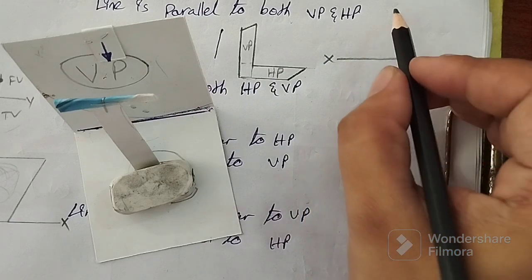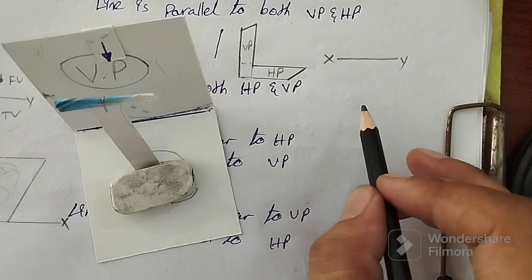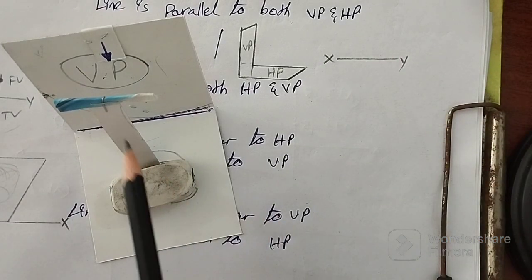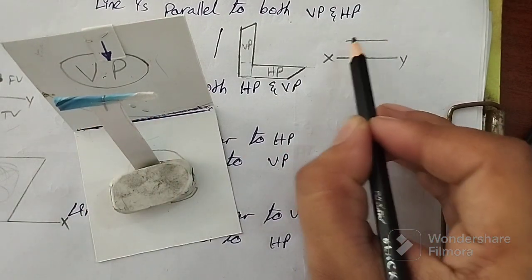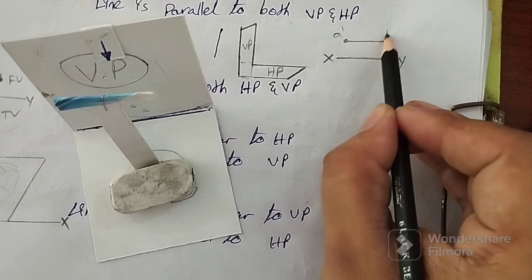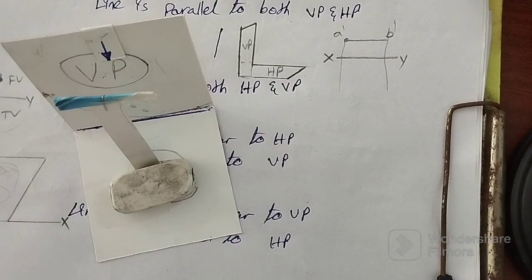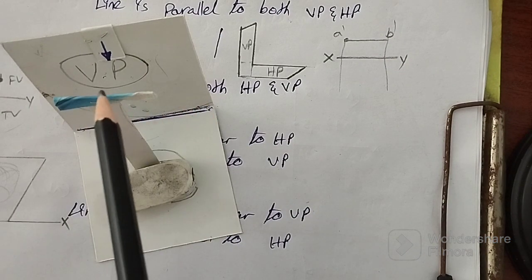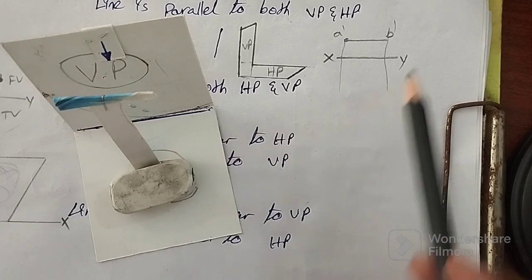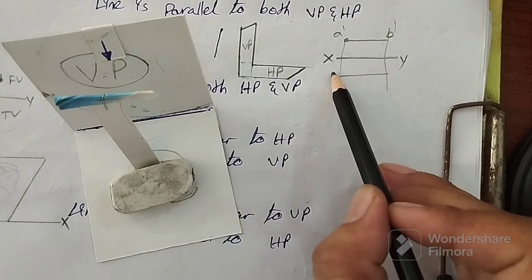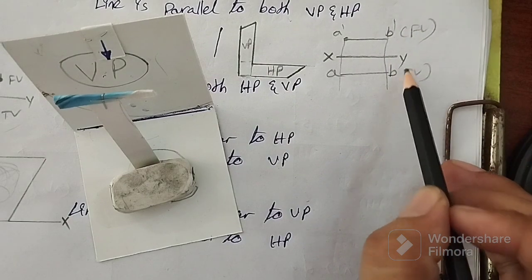In the first quadrant the front view is above the xy and the top view is below xy. If I'm looking from the front view, the whole line is visible, so I'll write a line a dash b dash. Next, the top view: if you look at the same straight line from top, the whole straight line will be visible. So the top view would be here, a comma b. This is my front view, this is my top view.